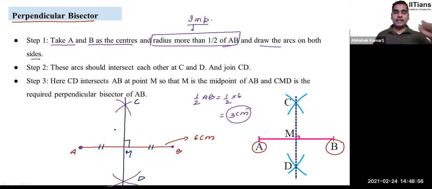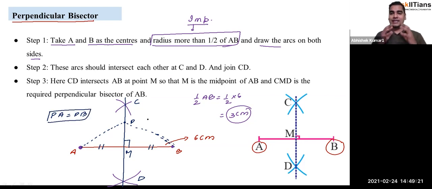That means, let's say I selected any point here, say P. Then the distance of point P from end A of the line segment AB and the other end B would be the same. That means PA is equal to PB, that you should keep in mind. Is that very clear? That is the property of the perpendicular bisector and nothing else. I hope it's clear. Please go through it and ask me if you have any query in this, guys.